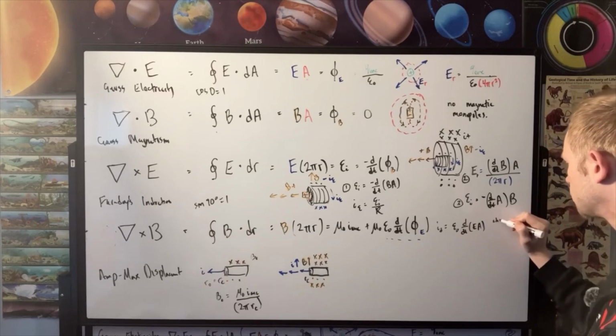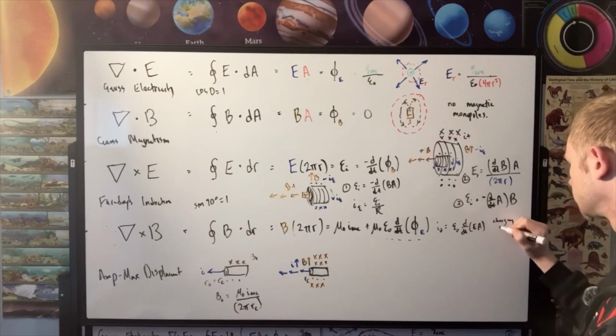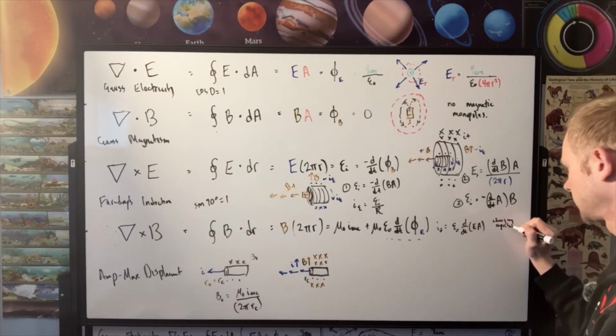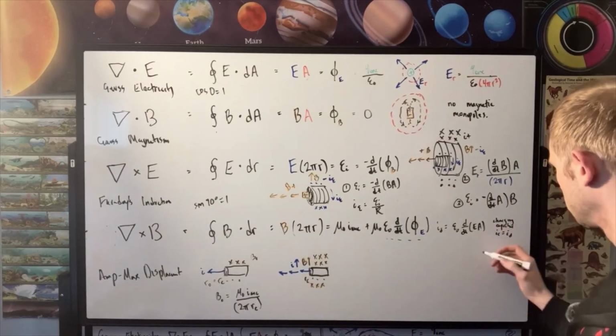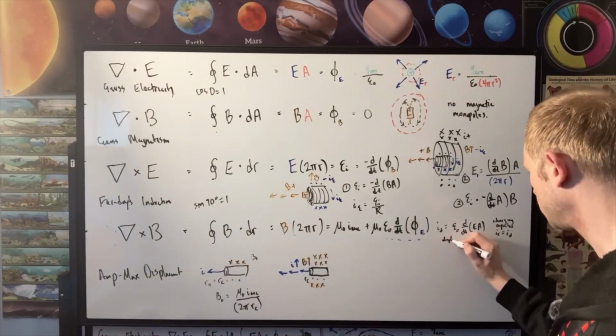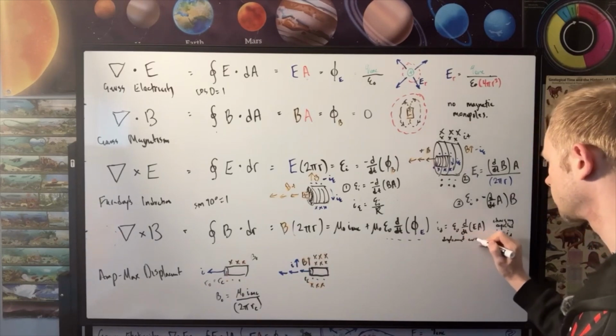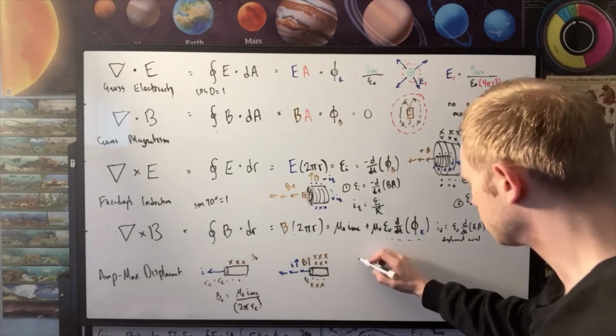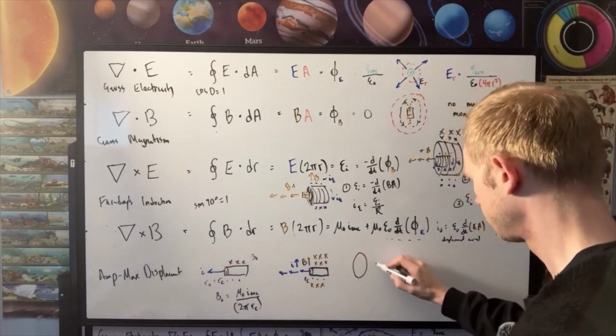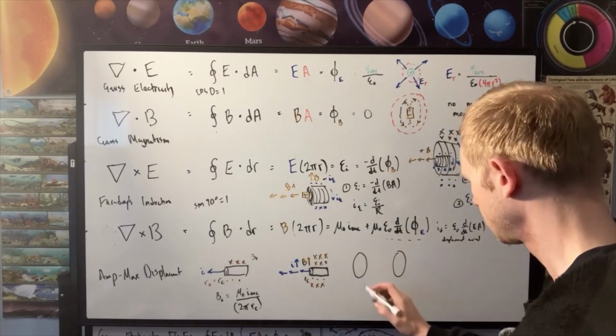But if we have a charging capacitor, then IC is equal to ID, or discharging, right? And this is the displacement current. That's where we would get this displacement from. And we could try to draw this capacitor. So here it is.